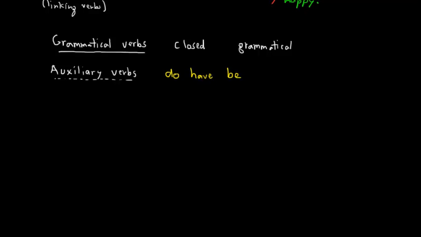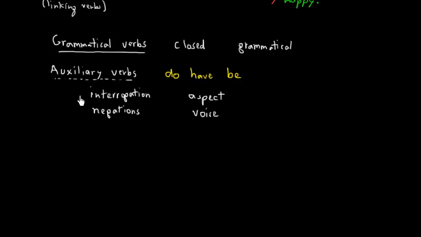Okay, and in the syntax of the language of English, we use these 3 verbs to form interrogation, fancy word for asking questions; negation; and for showing aspect, whether the action is continuous or complete. And we use them for showing voice, particularly the passive voice.